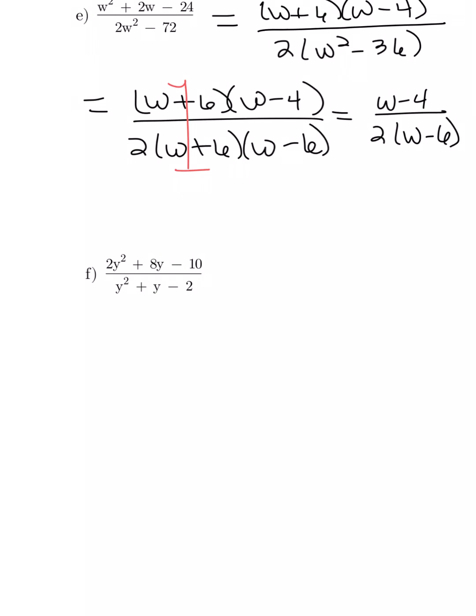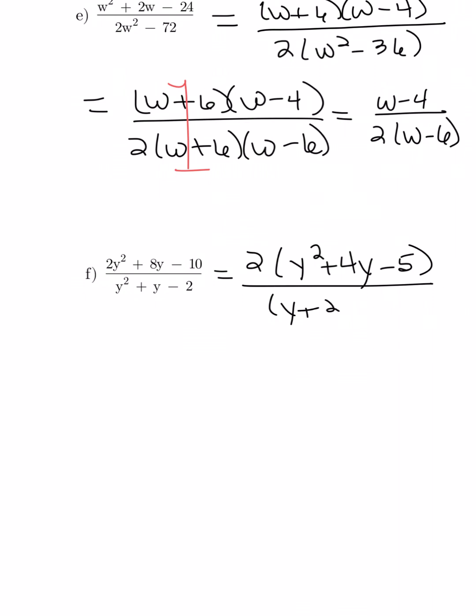On the next example, our numerator has a common factor of 2. We need to pull that out first. If we take 2 out of each term, we will have y squared plus 4y minus 5 left inside over y squared plus y minus 2 factors into y plus 2 times y minus 1.